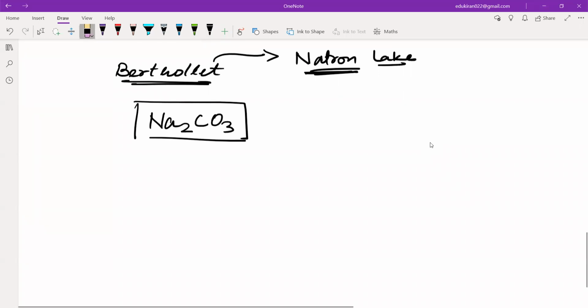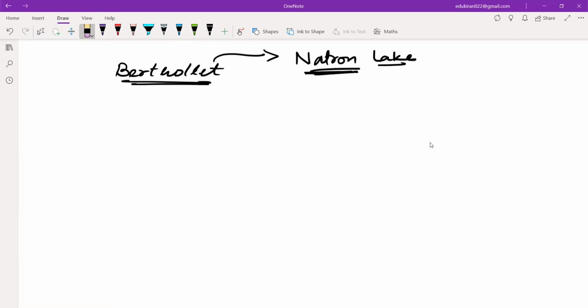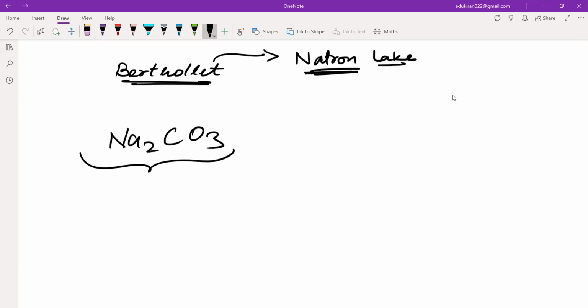Yes, correct. So he saw that there was Na2CO3 present on the banks of the lake, and this Na2CO3 was only present where you also had some CaCl2.